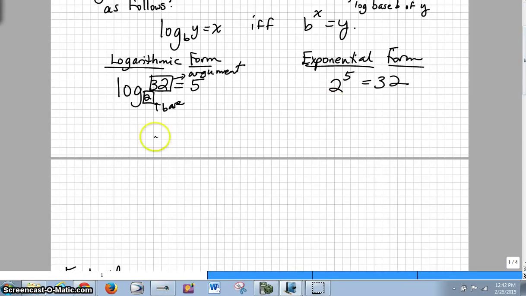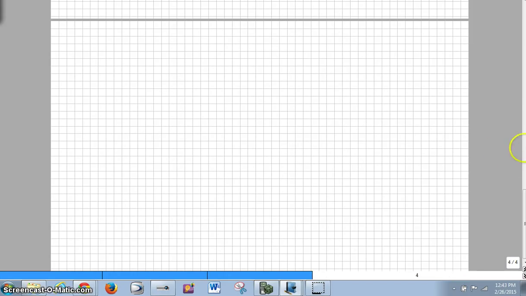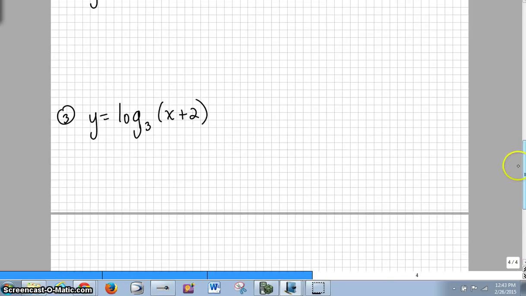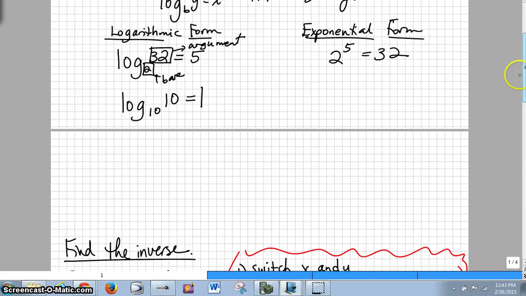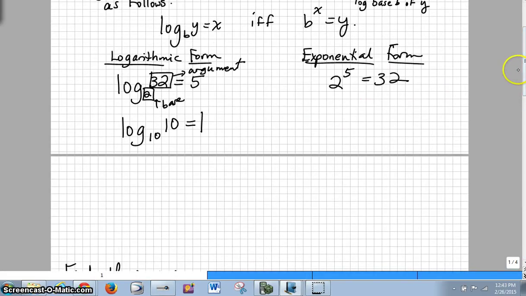Okay, let's take another sentence. This sentence is a sentence that is in logarithmic form. And if we rewrite it as an exponential sentence, it means 10 to the 1st power is equal to 10. So what we do, if we start with the little base and we go around in a circle, 10 to the 1st power is equal to 10.